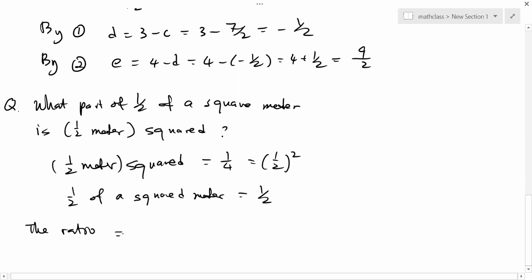The ratio is going to be, okay, what part of 1/2? So it's 1/2, yeah, we should consider this ratio, right? It's going to be 1/2 meter squared. So 1/2 meter squared should be the result, which is on the top. And the answer is going to be 1/2.